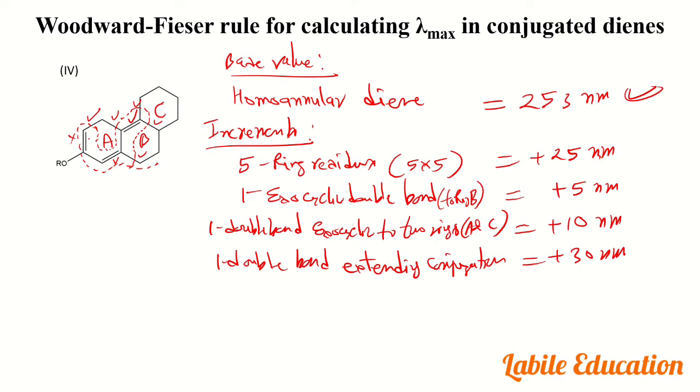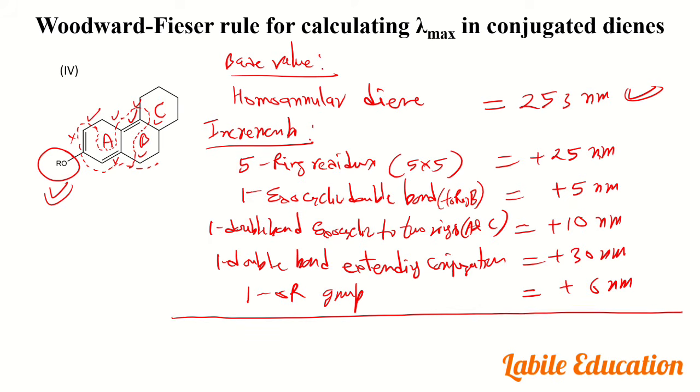Now, is there any functional group? Yes, there is one functional group, that is the alkoxy group, and one OR group will contribute plus 6 nanometer, and there is nothing else.